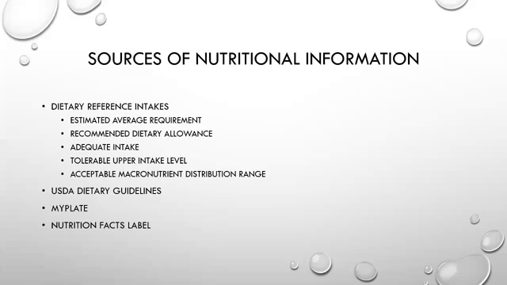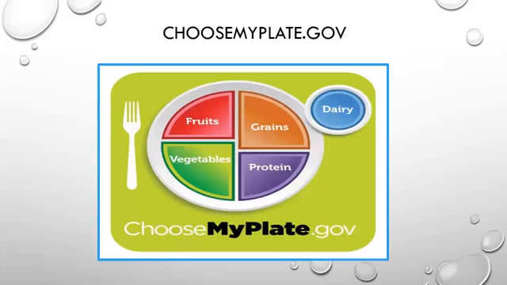Then we'll talk in the next couple of slides about MyPlate and the nutrition facts label. MyPlate is a 5-color food guide that is a visual representation of a healthy meal. On this picture, red is for fruits, green is for vegetables, orange is for grains, purple for protein, and then a separate blue section for dairy on the side.